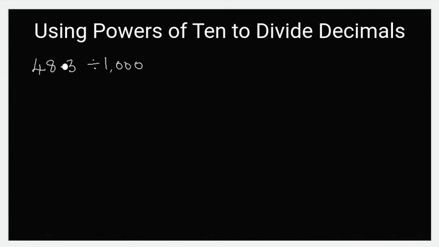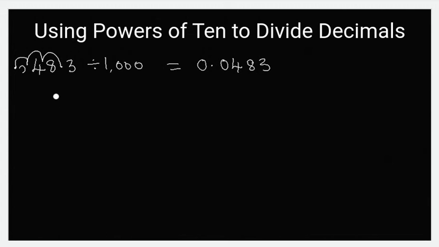So here we have 3 zeros. That's 1, 2, 3. That means this needs to have a 0 right here. So 48.3 divided by 1,000 would give you 0.0483.